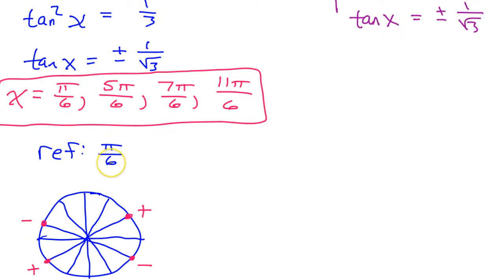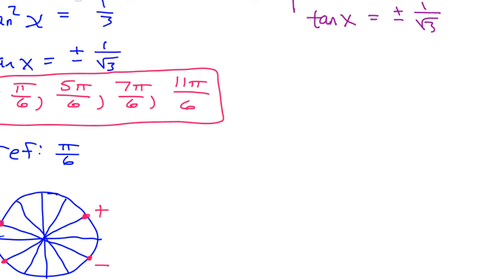That told us that the reference angle was pi over 6, so we drew a diagram of pi over 6's. We had 4 angles that have a reference angle of pi over 6, shown here in pink, 2 positive, 2 negative. Because it's plus or minus, all 4 of them will be solutions. And these are the 4 angles illustrated below. So I'm just going to copy this list over again.